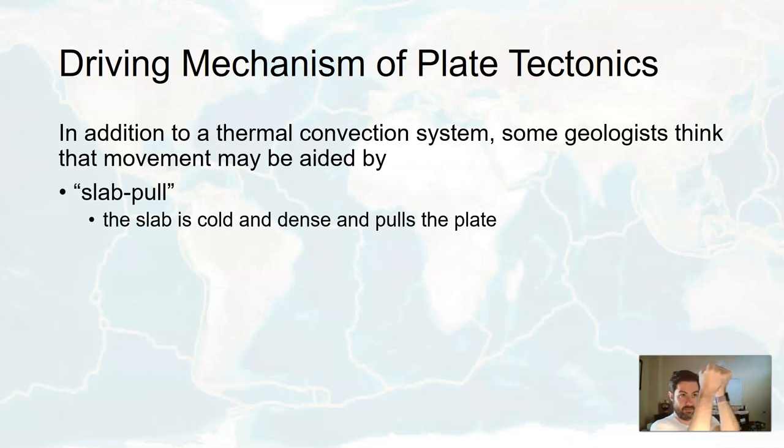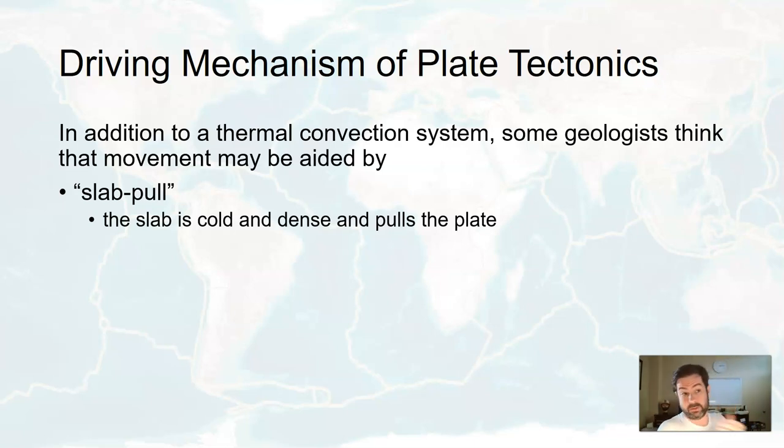So because it's getting pulled down, it's pulling the rest of the plate with it, helping to facilitate that movement. It's kind of like, in the movies where someone's dangling off a cliff and holding on to someone else and they're slowly falling down as well. That's kind of what I picture it as.